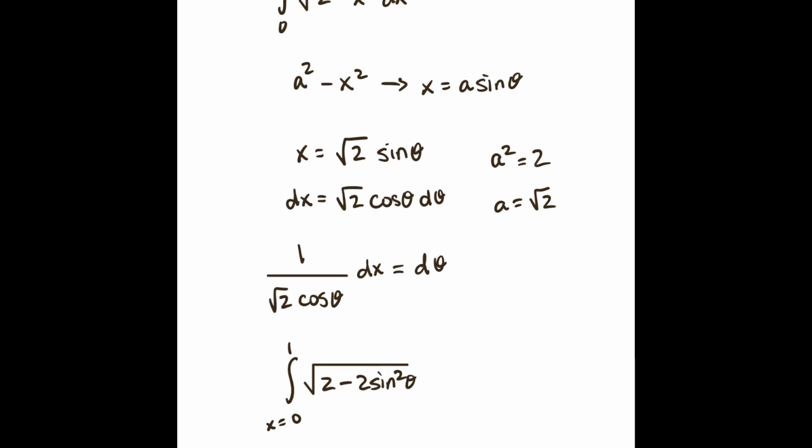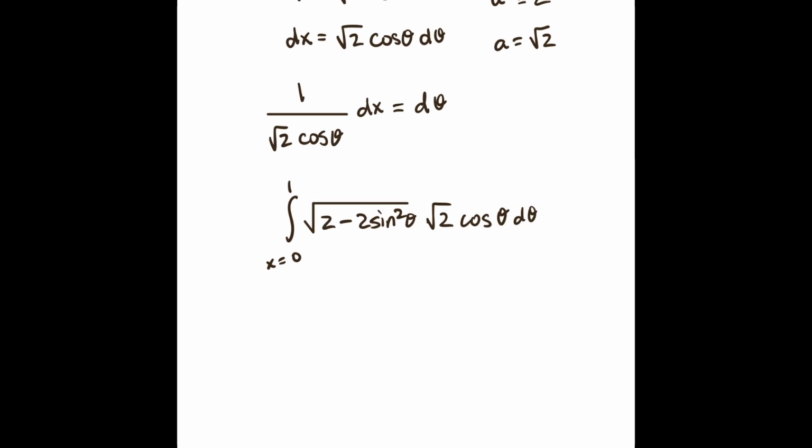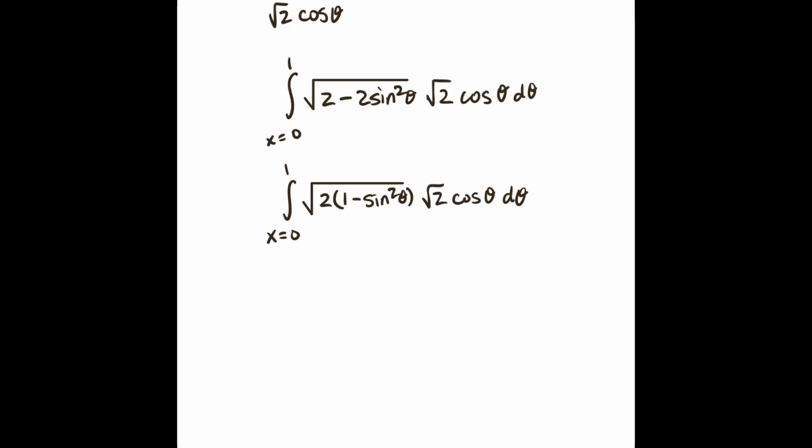And actually dx is just the square root of 2 times cosine theta d theta. Now we can factor 2 from inside the square root, and we see a trig identity appear. 1 minus sine squared theta is just cosine squared theta.